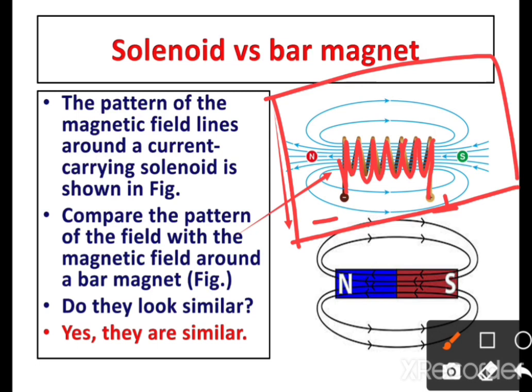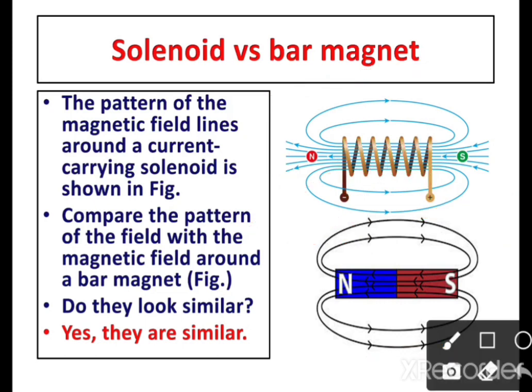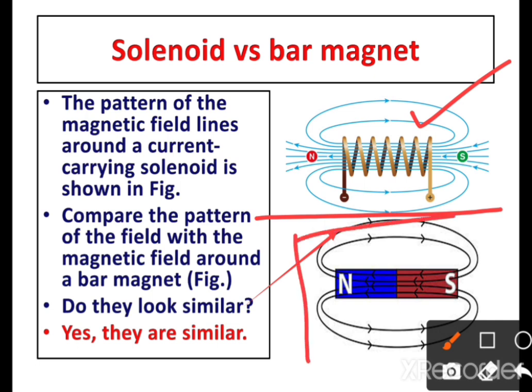Now compare the pattern of the field with the magnetic field around a bar magnet. So this is a bar magnet. You have to compare the magnetic field around a bar magnet with the solenoid. Do they look similar? Yes, they are similar. The magnetic field around a solenoid is the same as the magnetic field around a bar magnet.